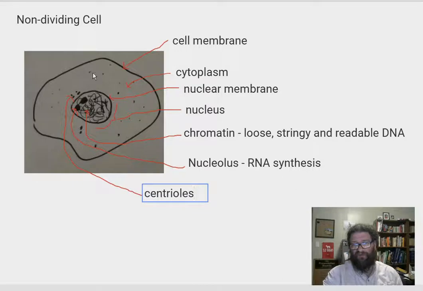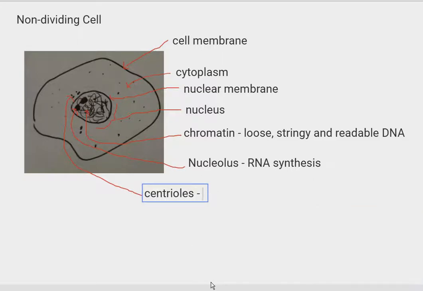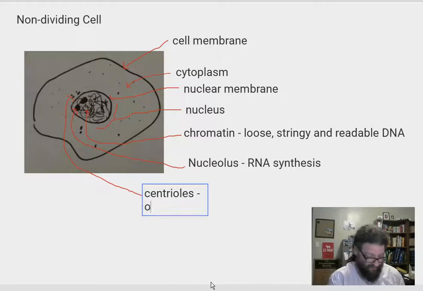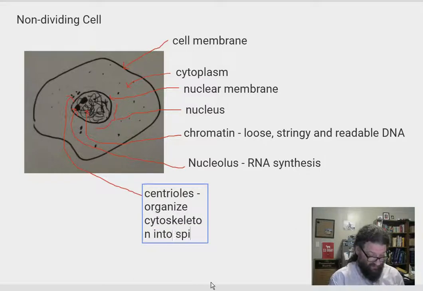You can't see them because they're too thin right now, but the centrioles are part of organizing those strands and bits of cytoskeleton into structures called spindle fibers. We're going to see those in a second. So these guys organize cytoskeleton into spindle fibers.